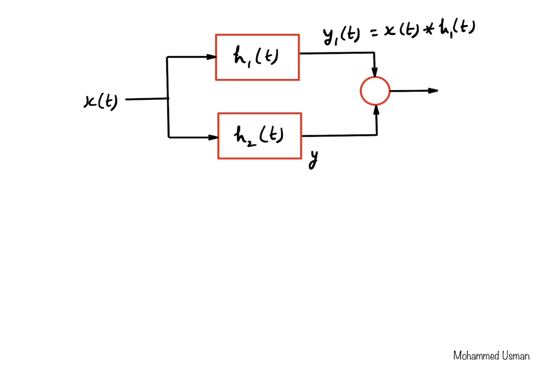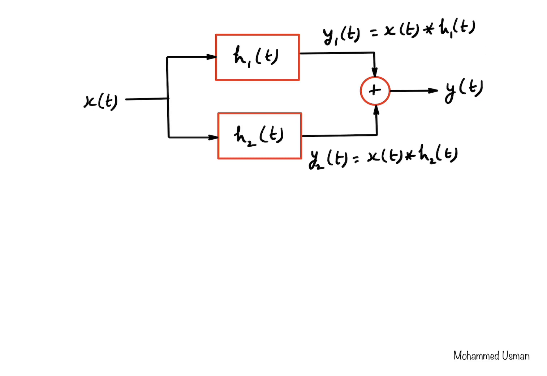Similarly, the system at the bottom produces an output y2 of t, which is the convolution of its input x of t with its impulse response h2 of t, and both these get added to produce the overall output y of t, which is x of t convolved with h1 of t plus x of t convolved with h2 of t.